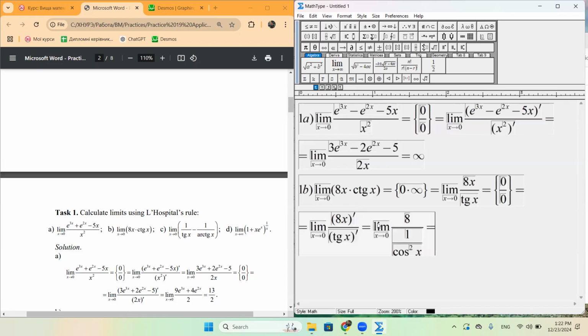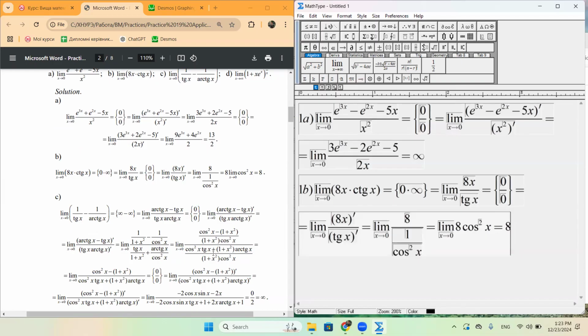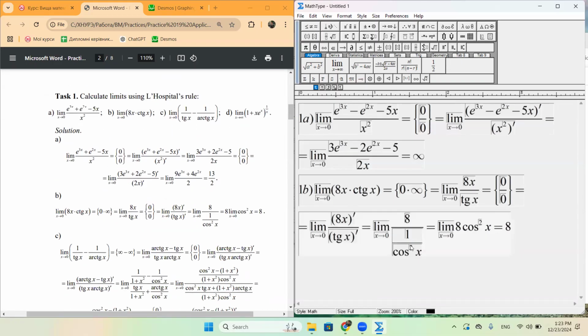And if I transform it, so 8 cosine squared of x. So the answer is 8, because the cosine of 0 equals 1. Any questions about this task? No questions. Okay. Well, let's solve one more example.